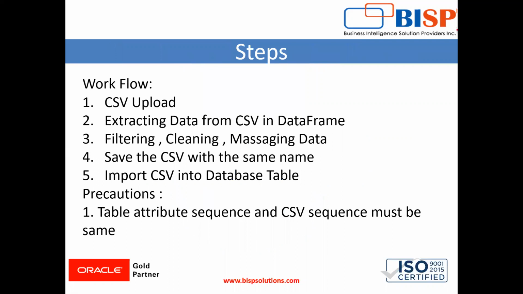Second, extracting data from CSV in the form of a data frame. Filtering, cleaning, massaging the data. Save the CSV with the same name and then import the data into the database table. But one precaution that you need to take is that the sequence of table attributes and CSV sequence must be the same. The CSV headers and the table attributes must be in the same sequence.